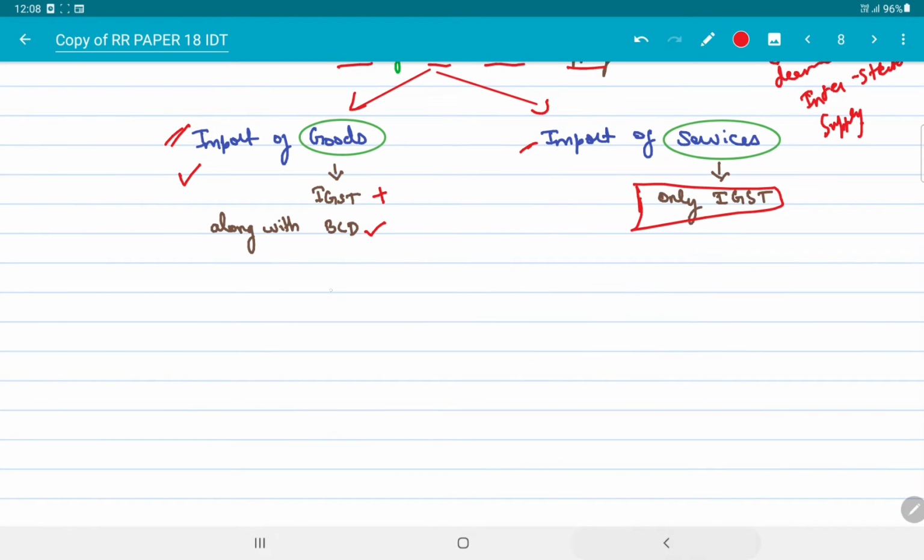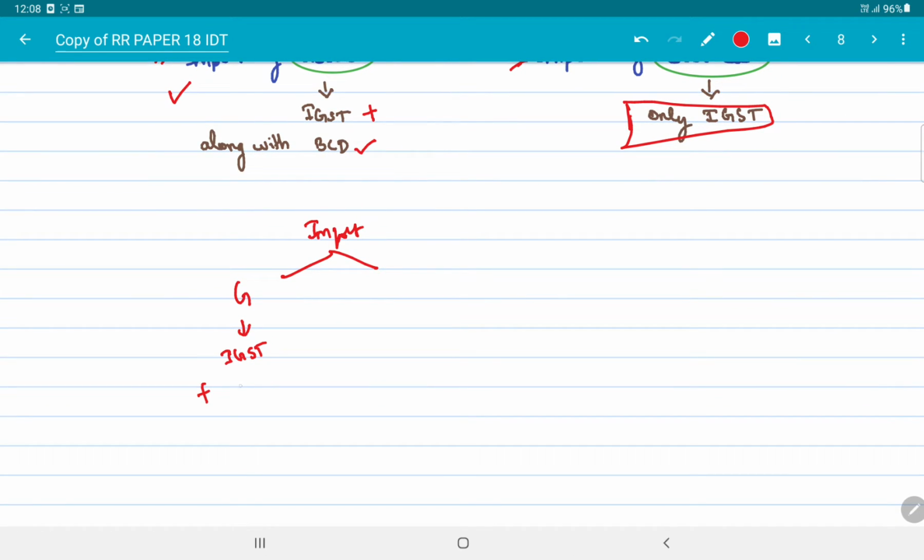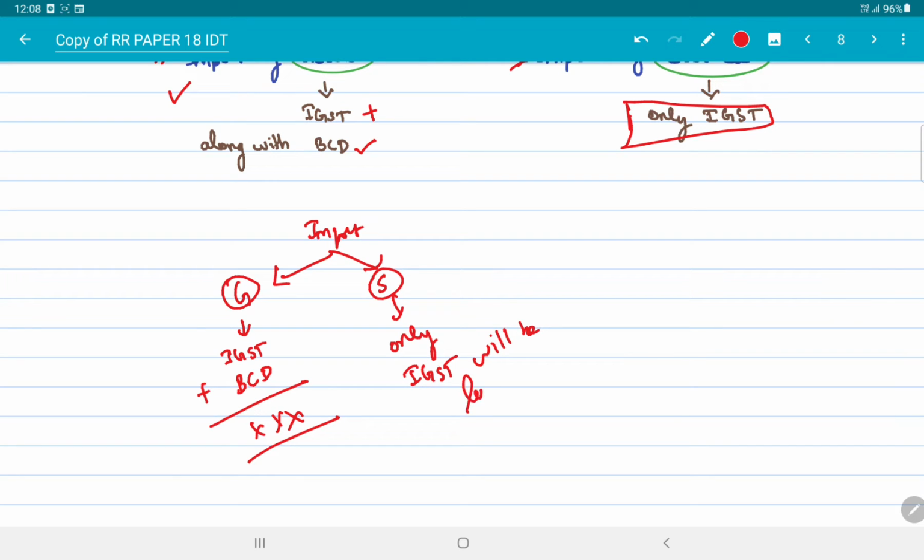Again I will repeat: if there is an import and that import is of goods, then IGST as per the IGST Act plus BCD as per the Customs Act will be levied. But if it is of services, only IGST will be levied.